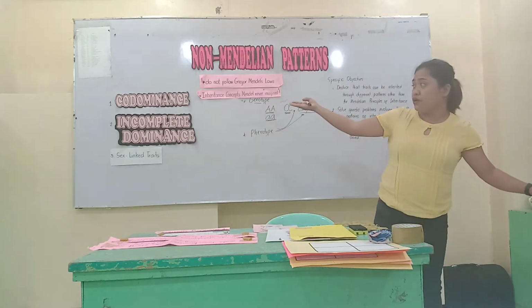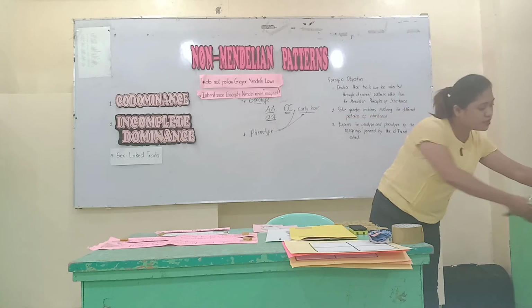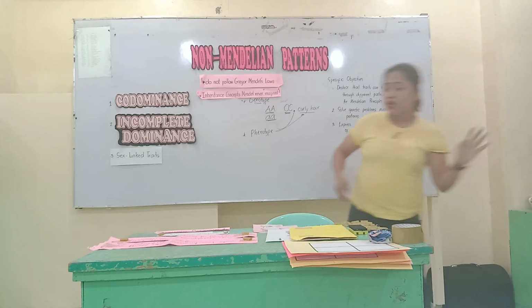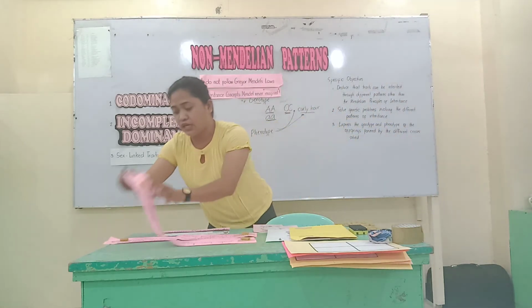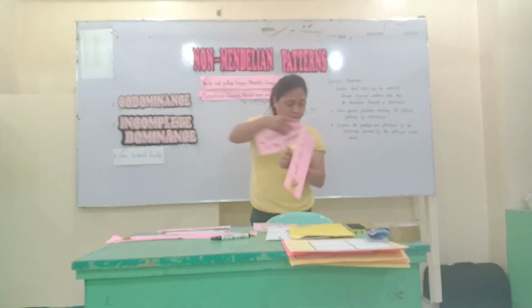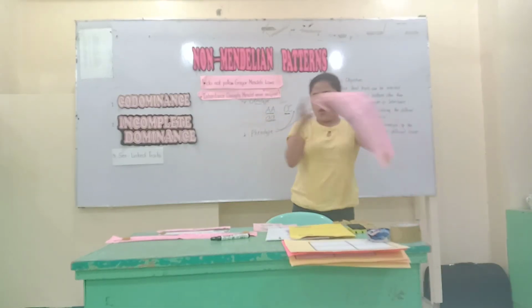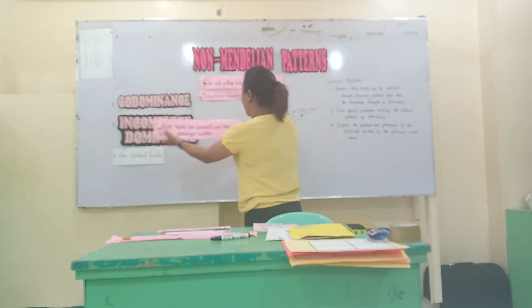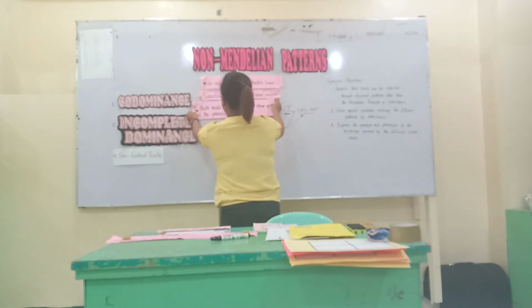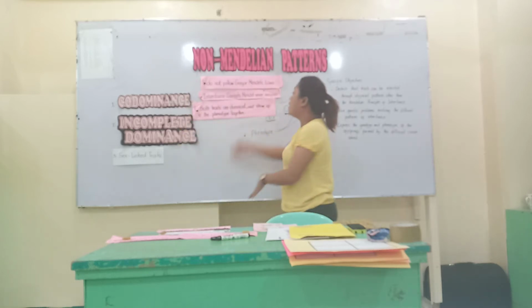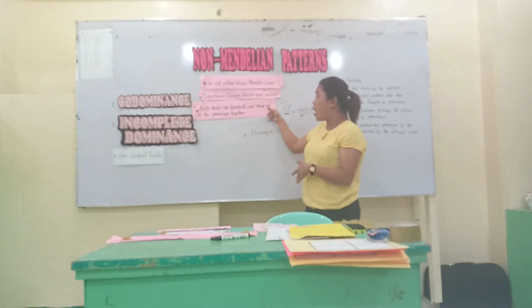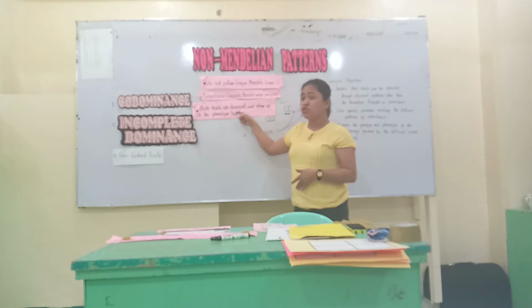So, let us first have codominance. What is codominance? Codominance is an inheritance in which both traits are codominant, or both traits are dominant and show up in the phenotype together.